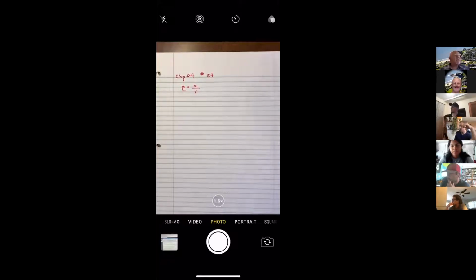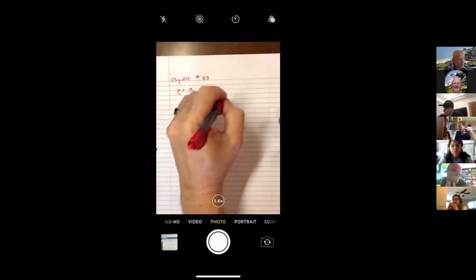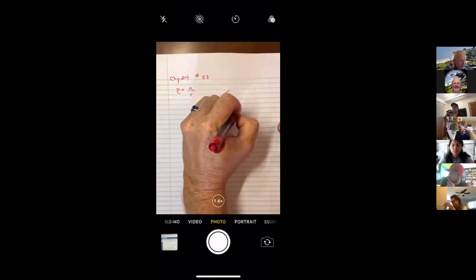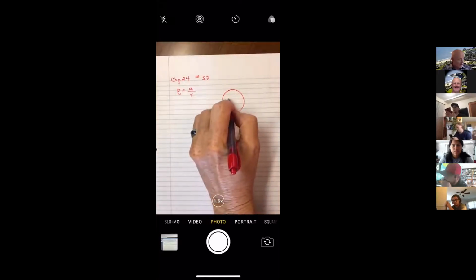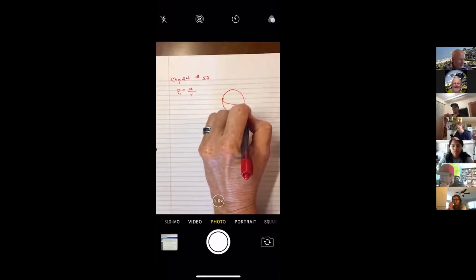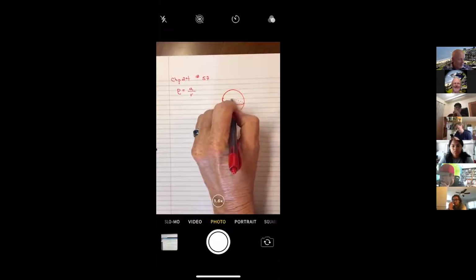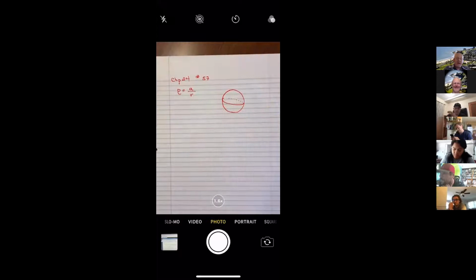So let me draw a picture. They say it's spherically symmetric, so I'm going to draw maybe a cross-section of a circle. Maybe I'll even try to make an equator, dot, dot, dot. See if maybe that looks three-dimensional somewhat. I don't know, does that help at all?